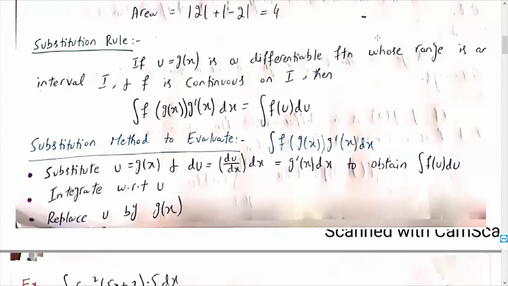Or we can say that the substitution method is used when an integral contains some function and its derivative. In this case, we can set u equal to the function and rewrite the integral in terms of the new variable u, and this makes the integral easier to solve. And don't forget to express the answer in terms of the original variable x.